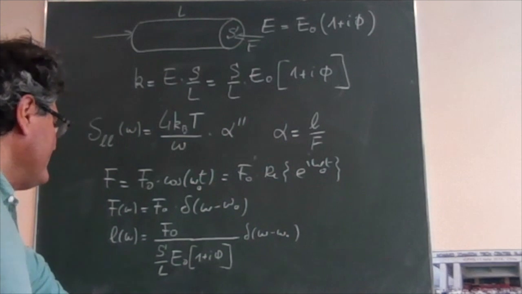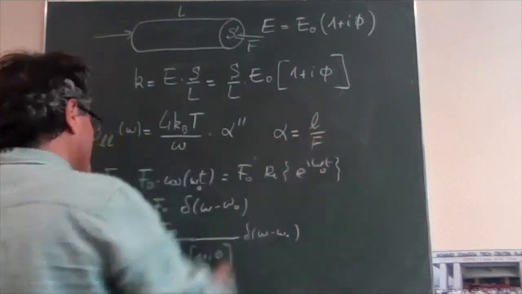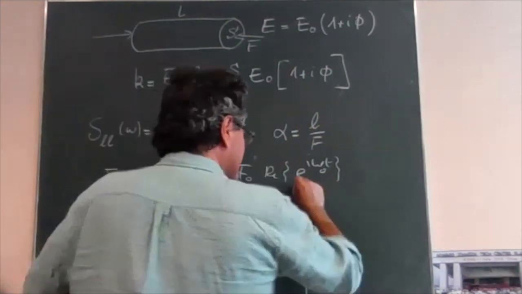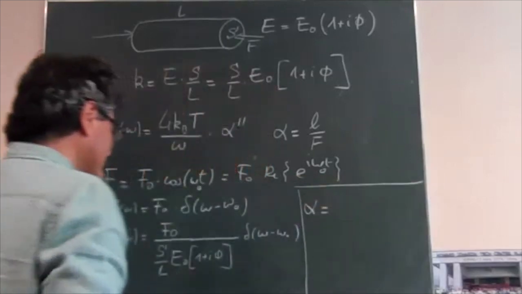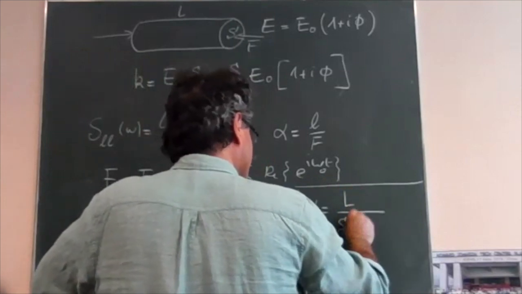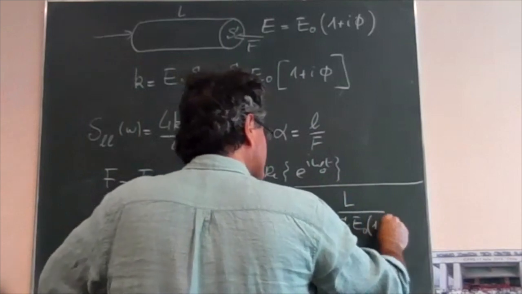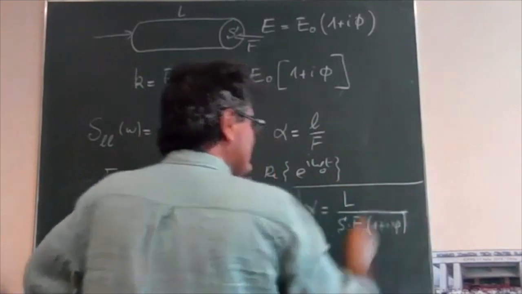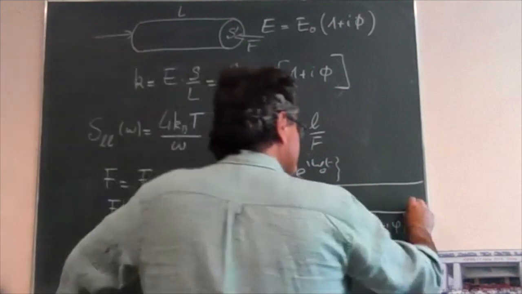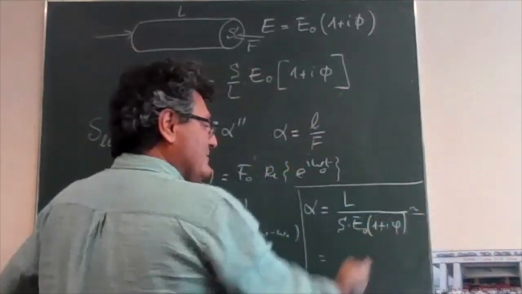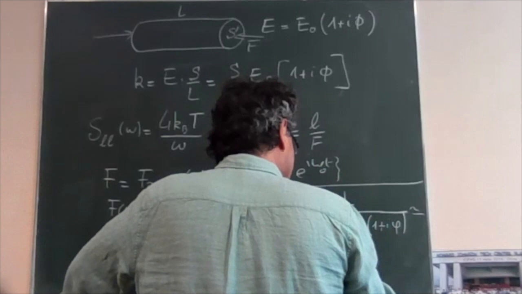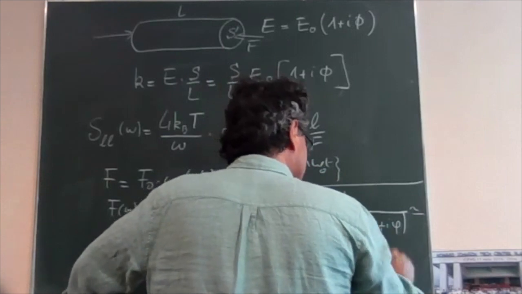So the response, which is L over F, is simply, so alpha, the response is L divided by S times E0, 1 plus i phi, which is roughly, because we can use the fact that phi is rather small, L divided by S E0, 1 minus i phi.